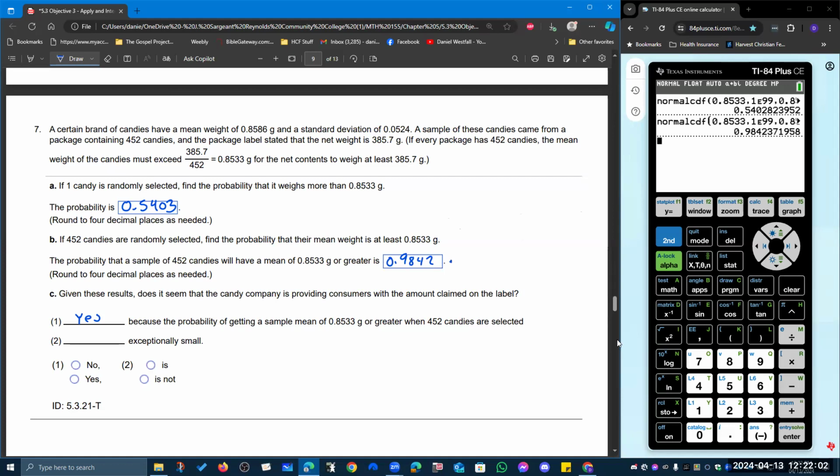Because the probability of getting a sample mean of 0.8533 grams or greater when 452 candies are selected is not exceptionally small.